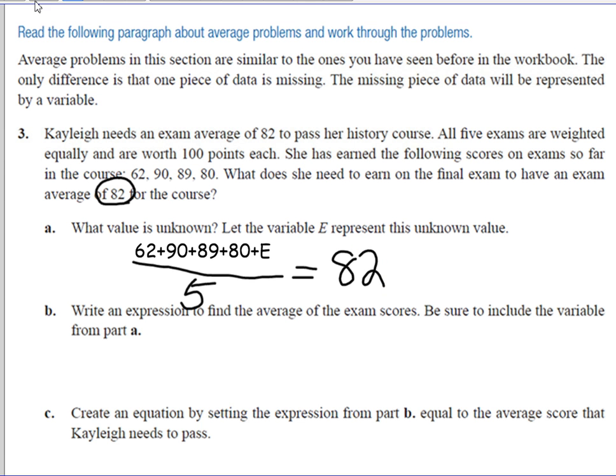I think I'm getting ahead of myself a little bit because, again, what they're saying is that E is the final exam score.